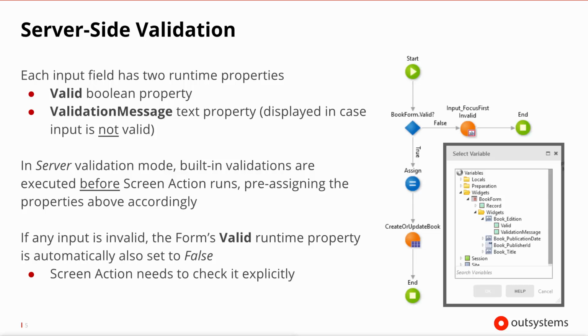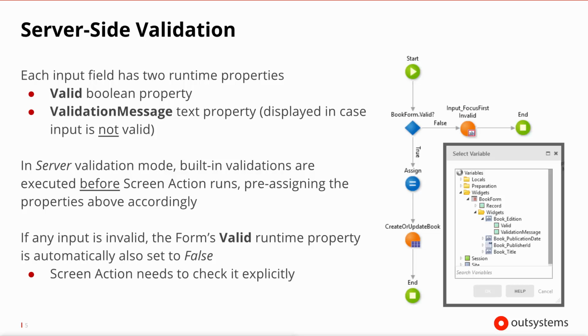If you selected the server validation mode, you will notice that for every mandatory that hasn't been filled in, or for every input where the user didn't type in the correct data type, these two properties will be set accordingly. It is important to note that an invalid input will bubble up the invalid state to the form where it's contained. So, for example, if book edition is made invalid, then the book form will be invalid.